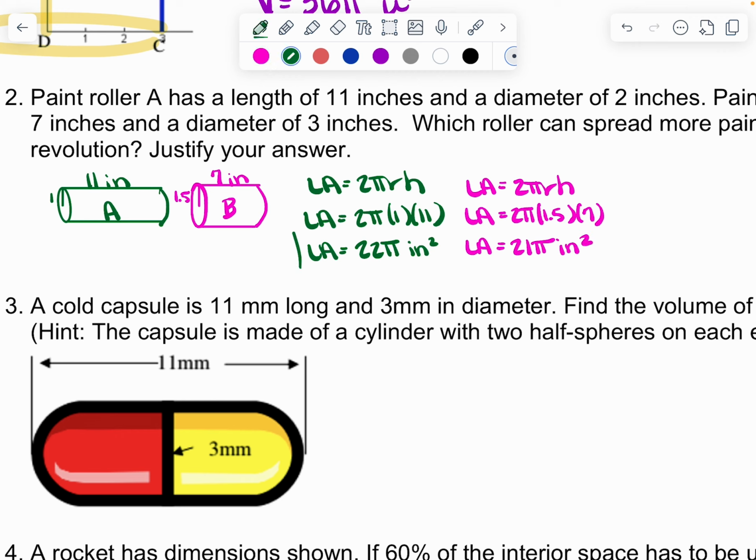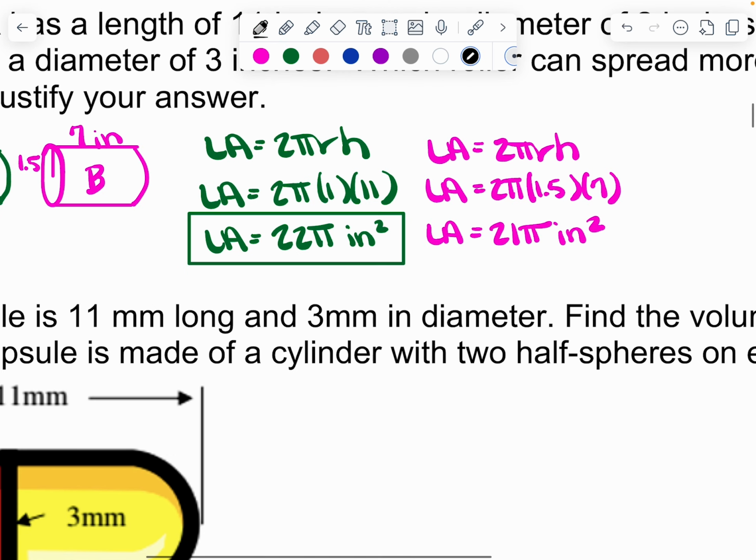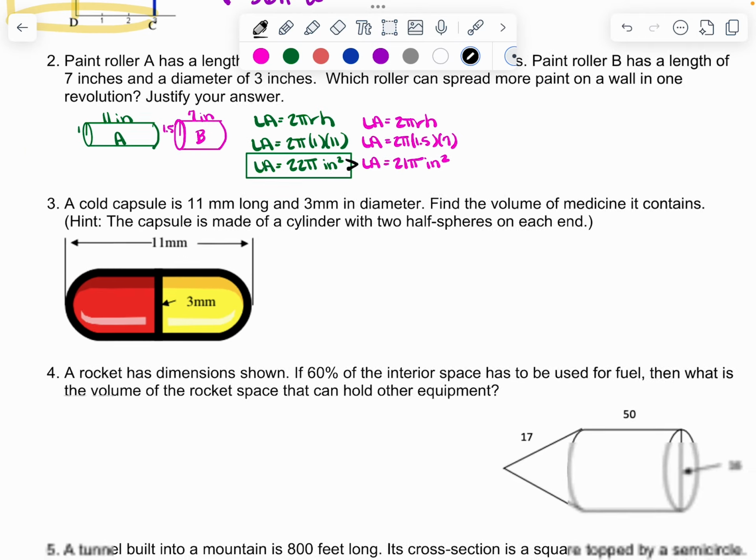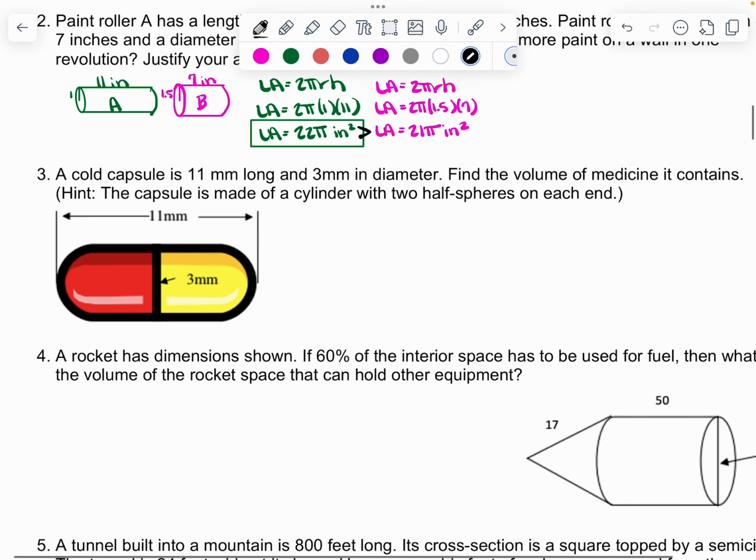There we go. And that's going to give us 21 pi square inches. So clearly, A wins, because it's going to cover 1 more pi square inch. It's not too much, but it's greater, so it's going to cover more wall space. If you want to, you could put a greater than sign. That's kind of our justification, that its lateral surface area is greater than the other one.